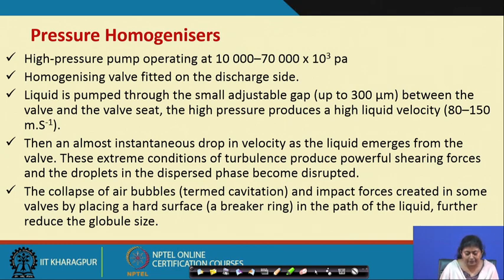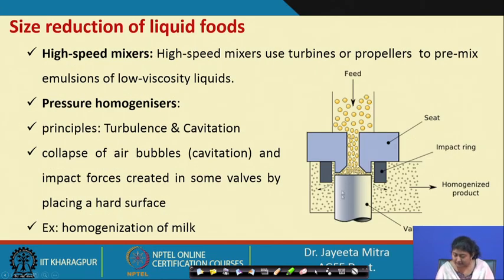The homogenizing valve is fitted on the discharge side, from where the product, the smaller disrupted particles, comes out.